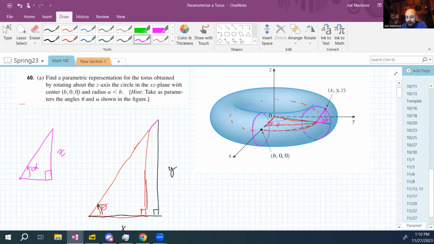That means that initially the X value out to the center of my circle, that's B, which means the radius of the red triangle is B.